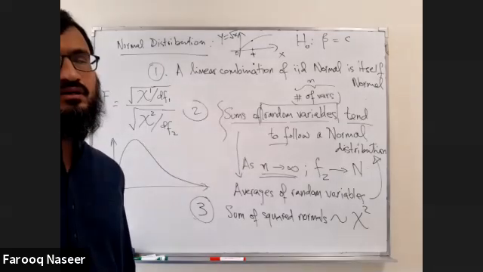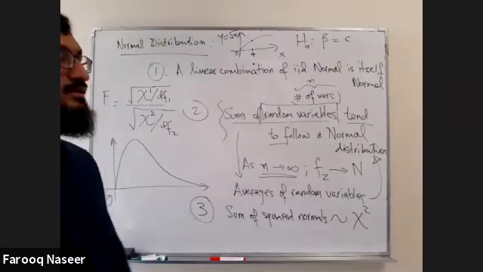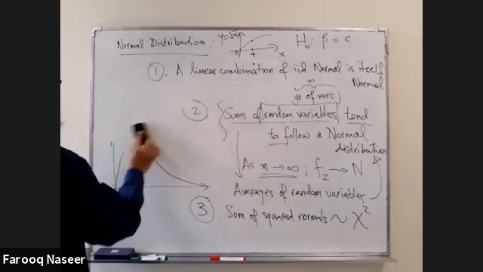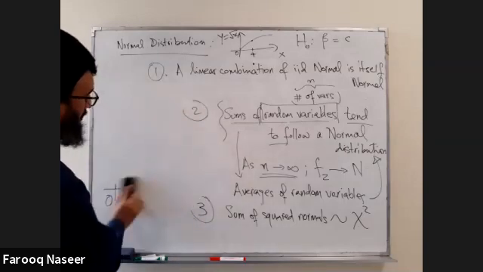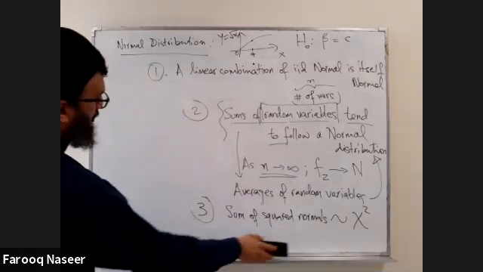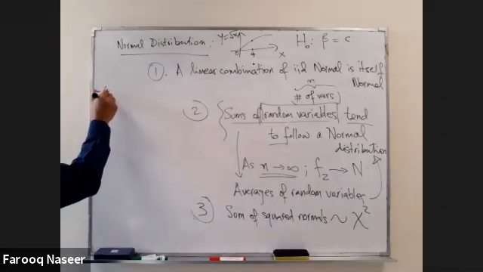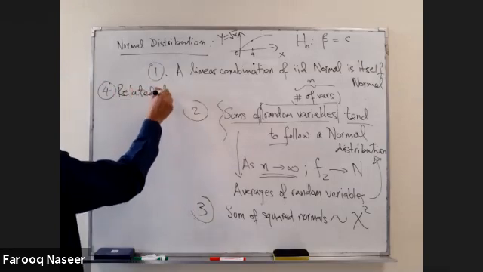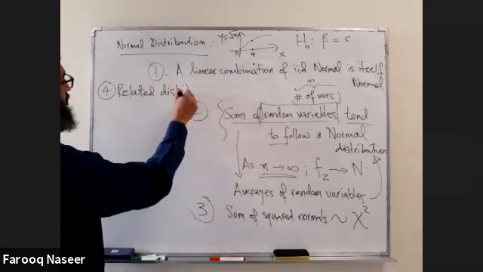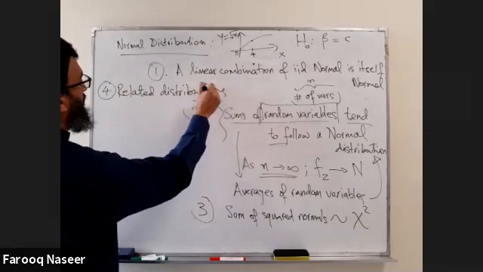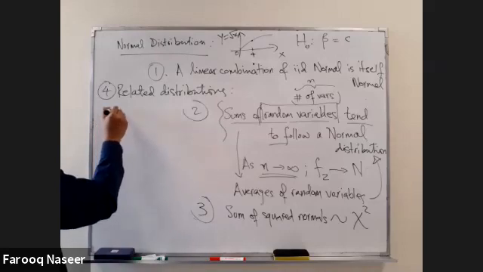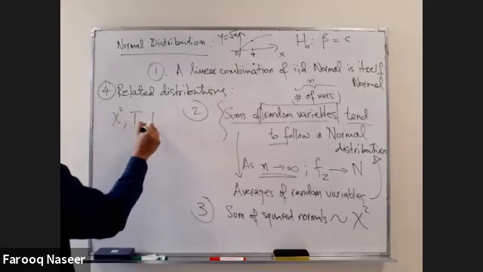There is a whole family of distributions related to the normal distribution, which is chi-squared, T, and F.